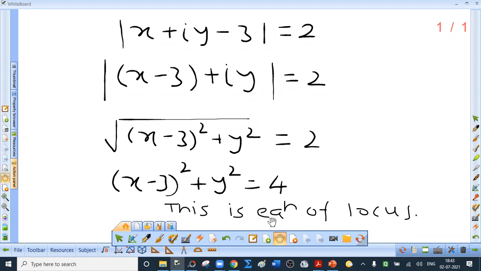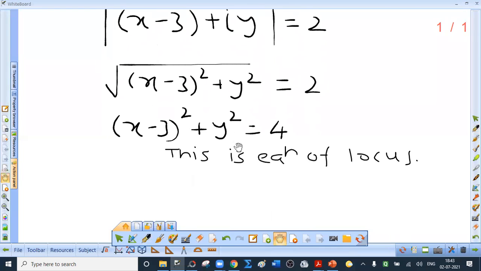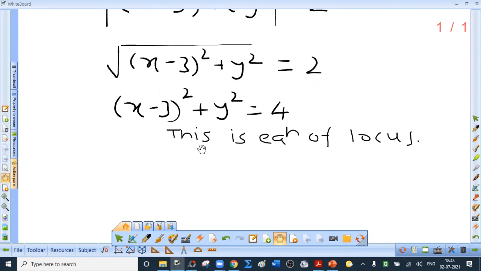Now, third part, not for homework, but you have to type your answer in the chat box. What is that? I begin with let z be x plus iy. What is given?